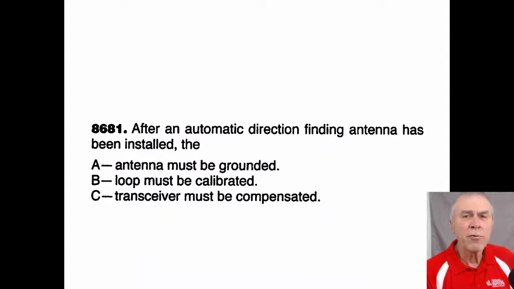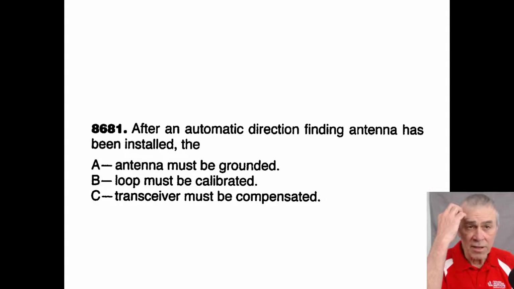After an automatic direction finding antenna has been installed, what do you do once you install it? The antenna, that is. Test it to see if it works, I would presume. Let me see. A, the antenna must be grounded. B, the loop must be calibrated. Or C, the transceiver must be compensated.